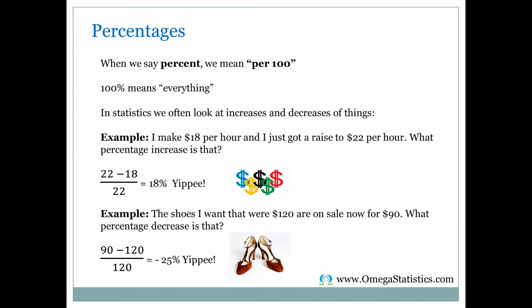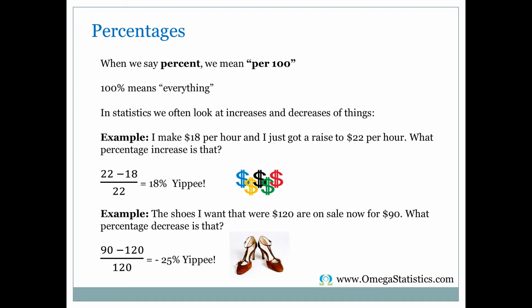Percentages. Now we're getting more statistical, right? When we say percent, we mean per 100. 100% means everything. Sometimes it'll be 1 if you're using decimal notation, but I always say statisticians love to keep everything between 0 and 1. That's where we work. That's where we live.